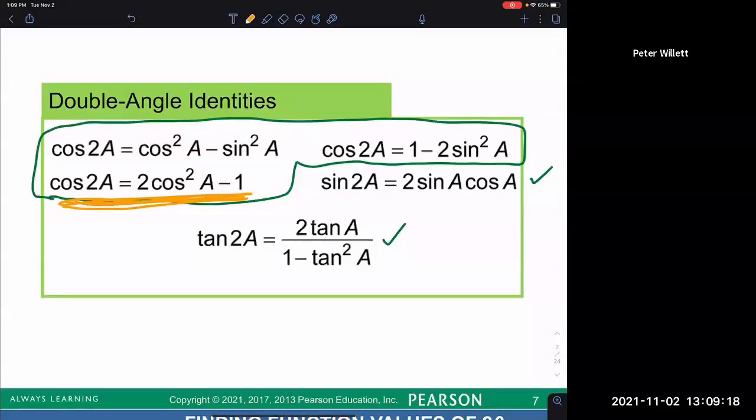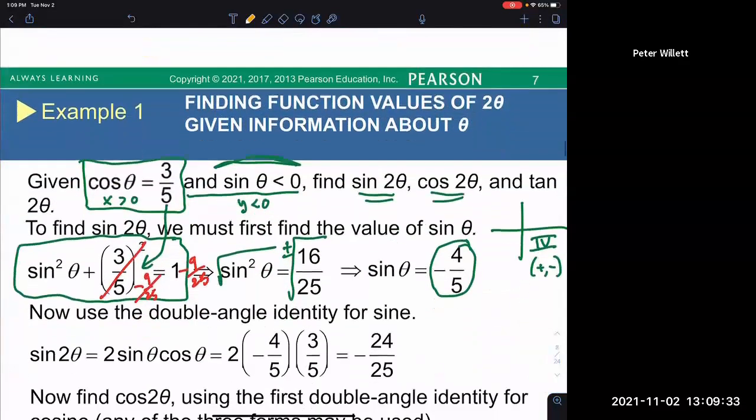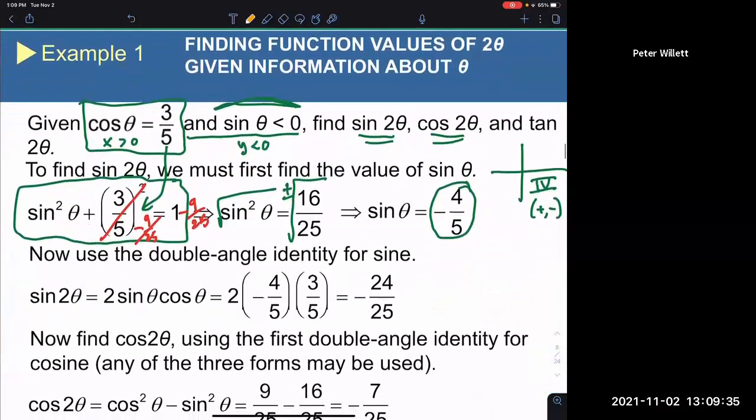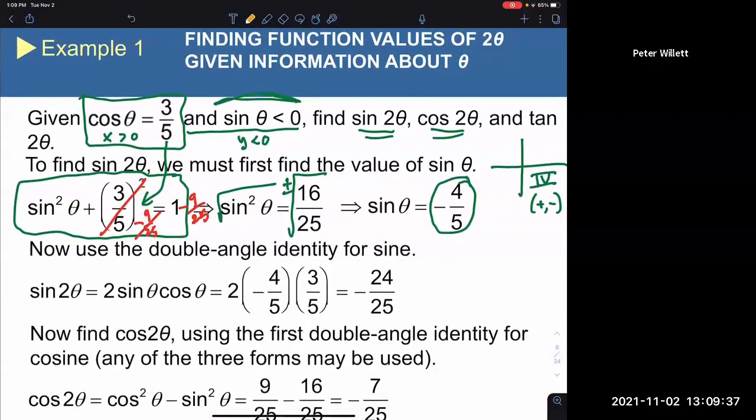But they also asked us to find sine of 2a and tan of 2a. And for those, we need to know sine and cosine. There's no other choice about it. So since they told us cosine, they said, all right, to do those other ones, we're going to need to know what sine is. So they begin by finding out what the sine value is. Then once we know that, we can start finding sine, cosine, and tangent of 2 theta.